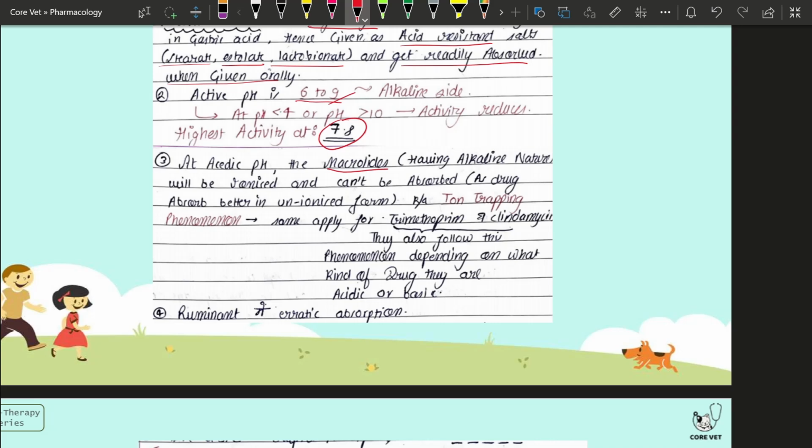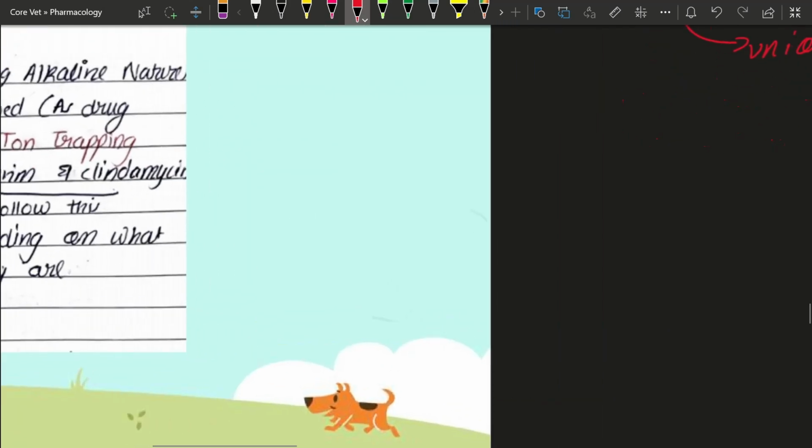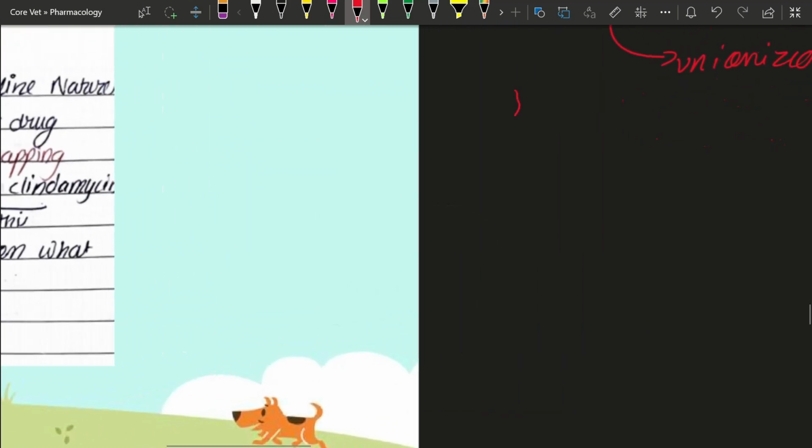That phenomenon is known as the ion trapping phenomenon. It means a certain drug is getting ionized, so it won't be absorbed into the blood circulation to reach the ultimate target tissue, right? For an example, this is your stomach, right?